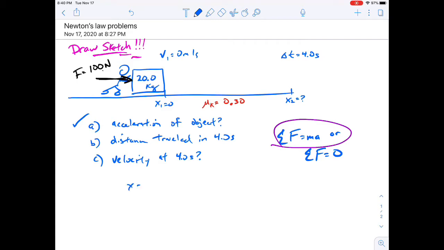Because we do have two directions to consider, and just because it's F equals ma in one direction does not mean it's F equals ma in another direction. So we ask ourselves, in the x direction, is it accelerating or not? Well, this problem is asking about the x direction.